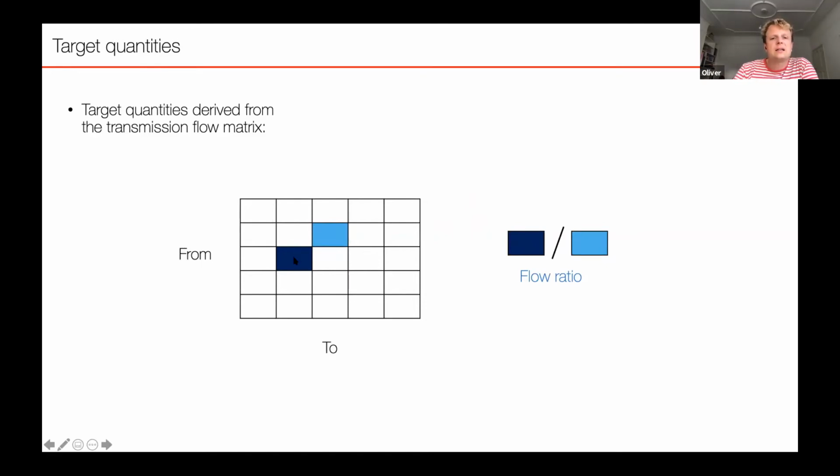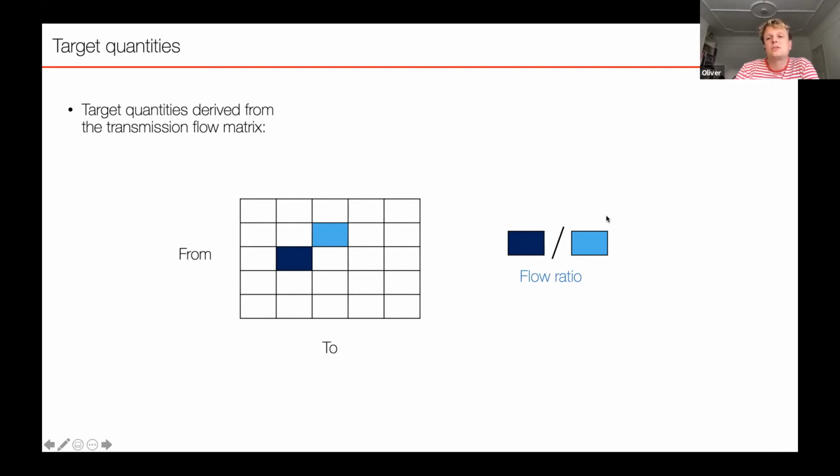We had the individuals in the low HIV prevalence community, and the question is, what proportion of these is infecting individuals in high prevalence areas? And on the other side, it's just the other way around.